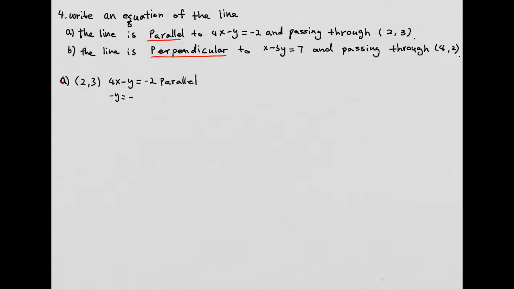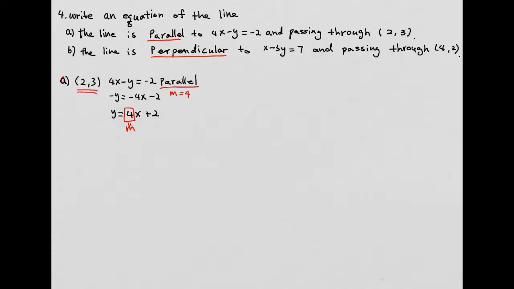You need to move positive 4x to the other side, it becomes -4x, and then multiply everything by -1. So then this is going to be your slope. Because it's parallel, same slope, you're going to use the slope as 4.